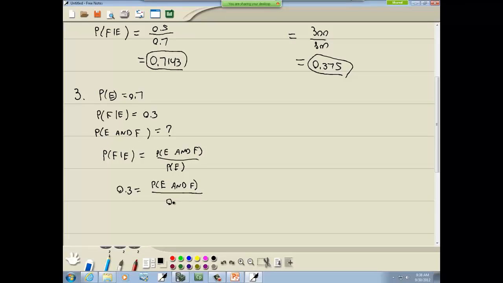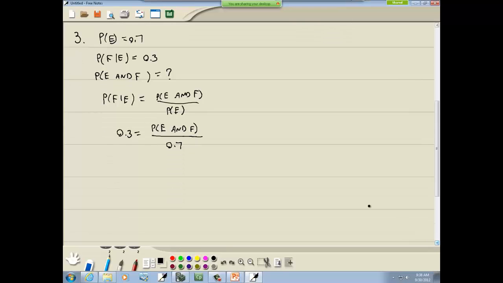And the probability of E is 0.7. If you remember from college algebra, solving this, we'd multiply both sides by 0.7 to get rid of the fraction. And 0.3 times 0.7 gives us 0.21.